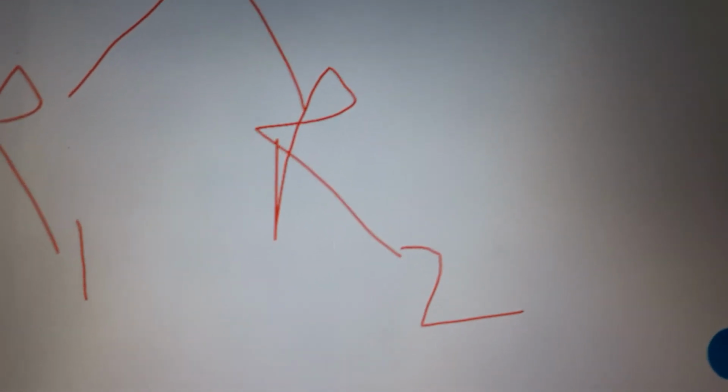Rotation is the movement of the earth on its own axis, turning like a spinner. See, the axis is the same only, and the earth is turning like a spinner.